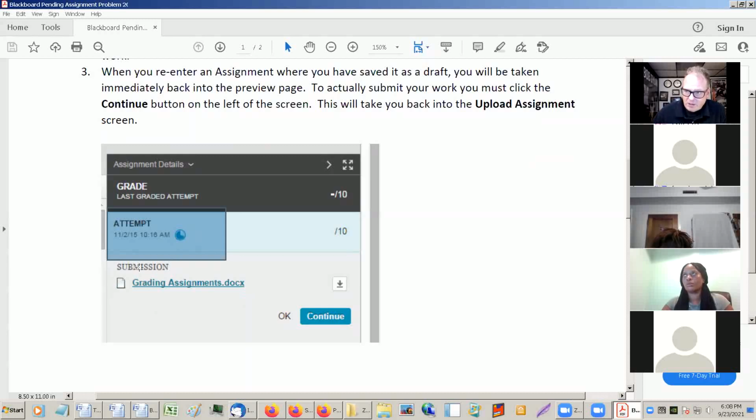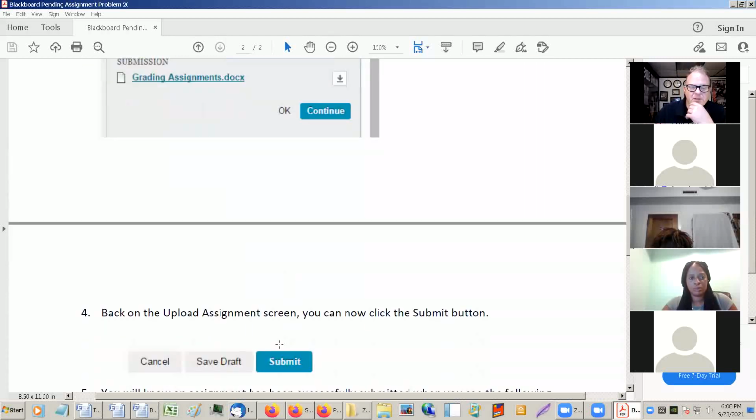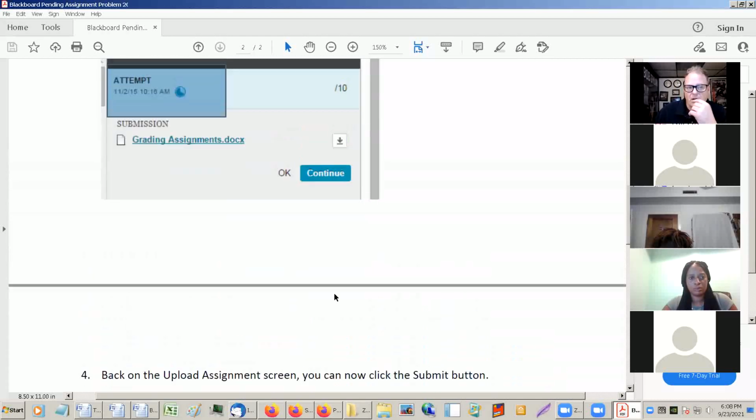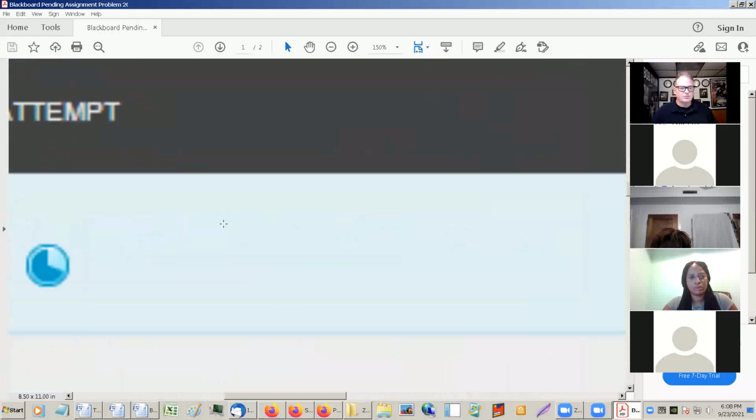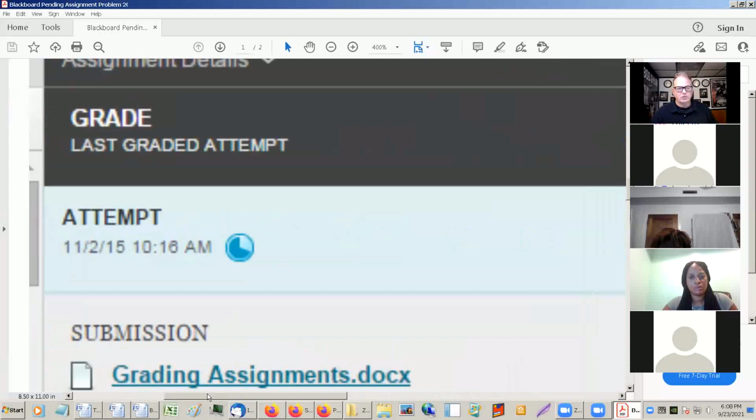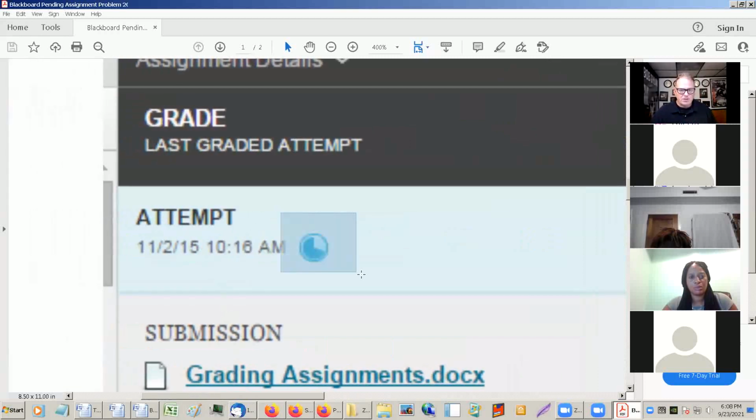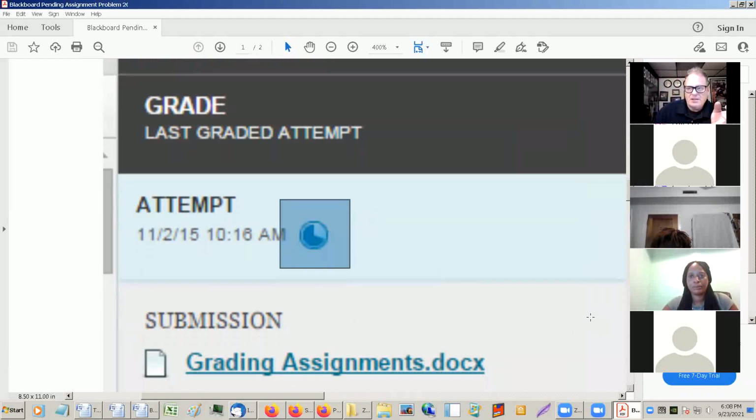Now, you will, because before it gets submitted to me, it'll be in there. So if you hit continue, it'll get you to the regular submit screen where you can hit submit. But so if you have something in there, if it shows this blue circle thing, that means I can't see it.